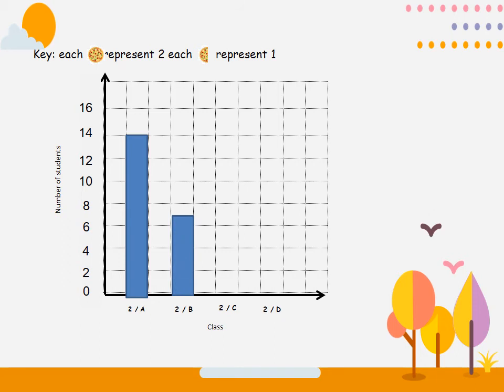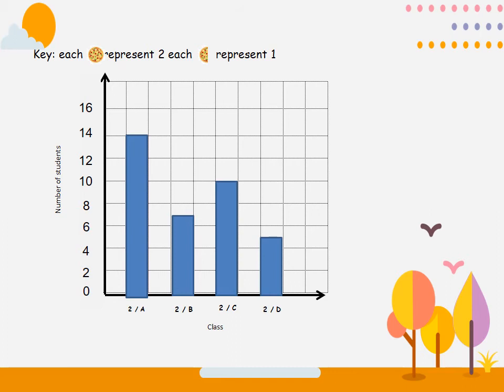So I make a graph up to 7, between 6 and 8, because I don't have number 7 in the graph. 2C, I have 10, so draw the graph up to number 10. 2D, I have 5, so I'm going to draw the graph up to number 5, but I don't have number 5. So draw it between 4 and 6.